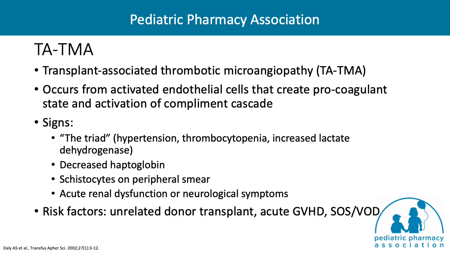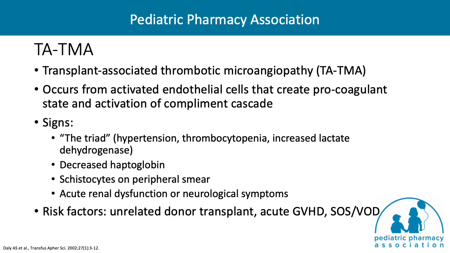Signs include the triad, which consists of hypertension, thrombocytopenia, and increased lactate dehydrogenase. This triad is not diagnostic, but patients should receive further evaluation if that triad is present. Also of note, hypertension is often the first sign that may prompt this.